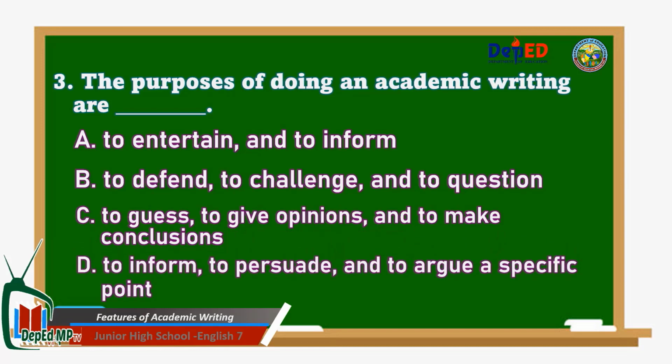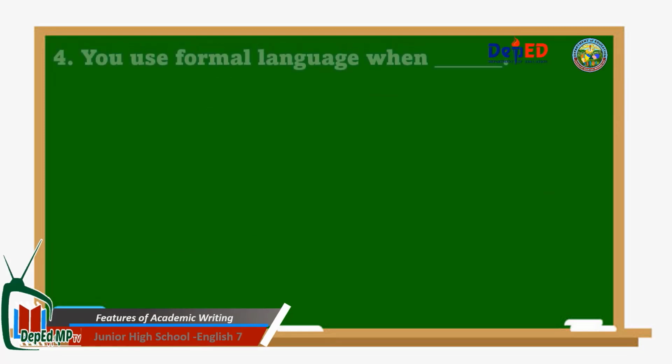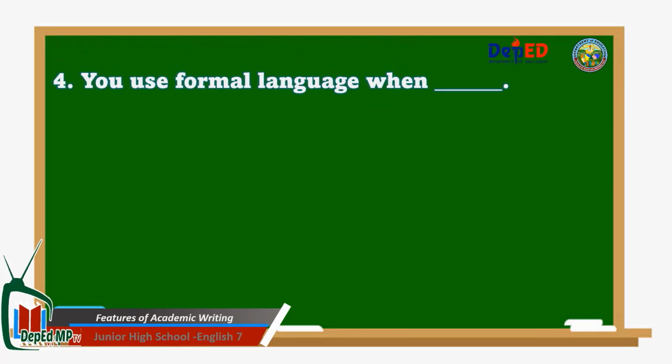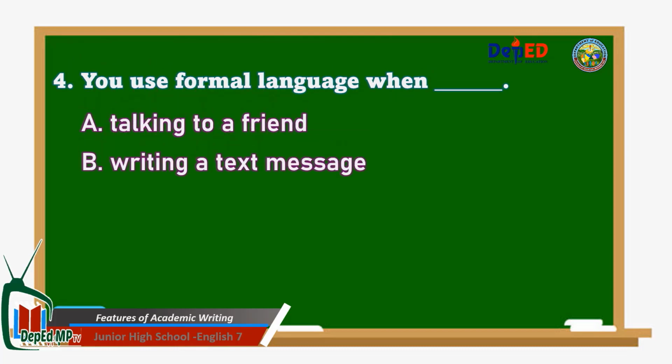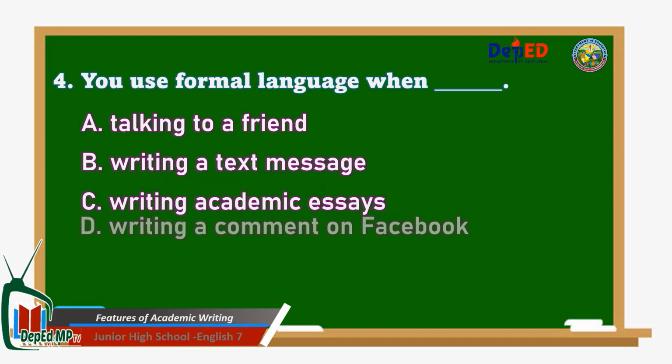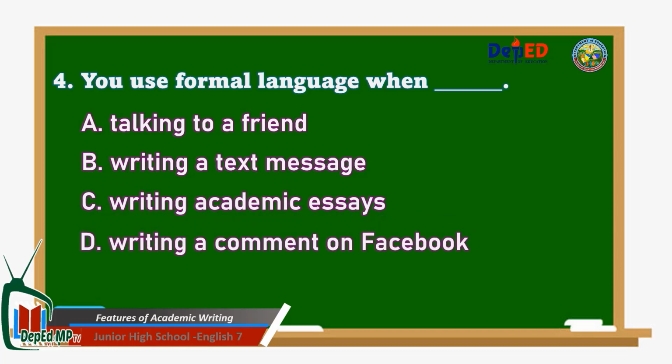D. To inform, to persuade, and to argue a specific point. 4. You use formal language when blank. A. Talking to a friend. B. Writing a text message. C. Writing academic essays. D. Writing a comment on Facebook.